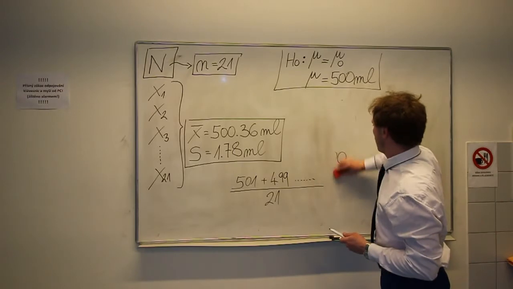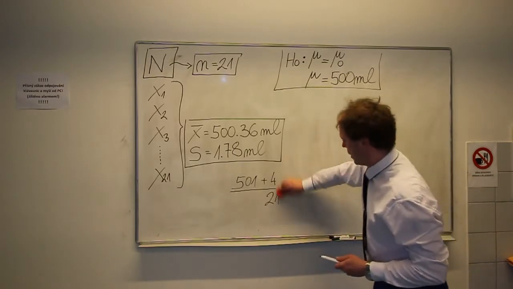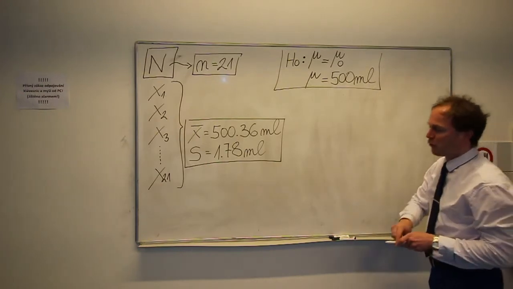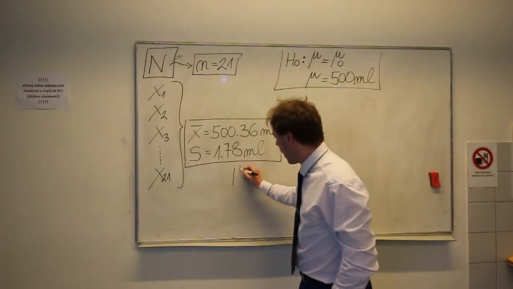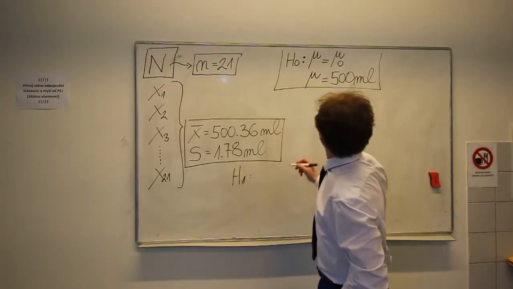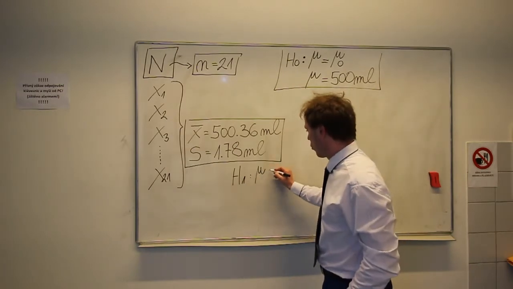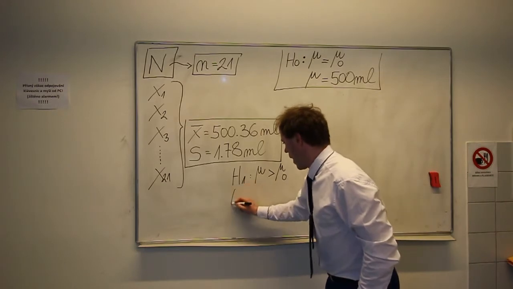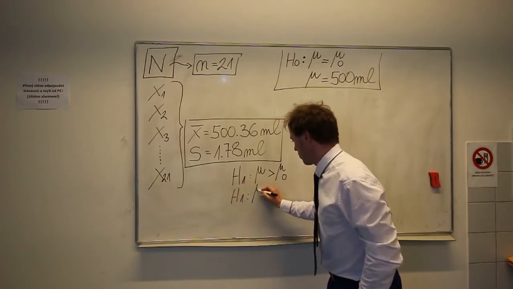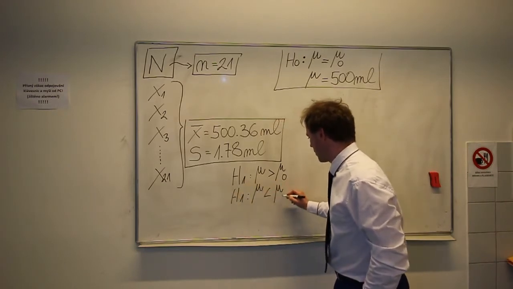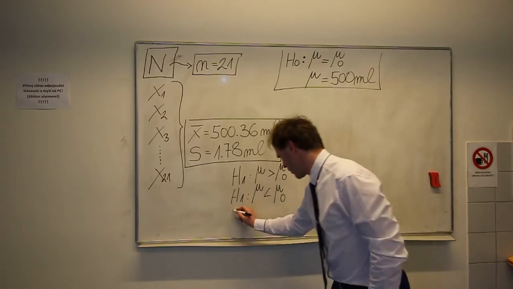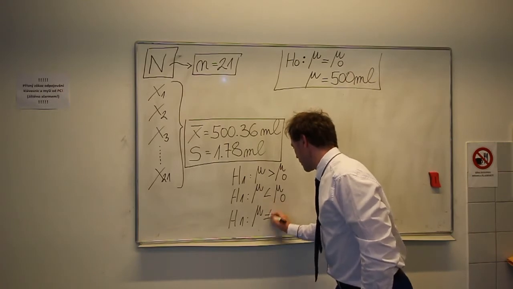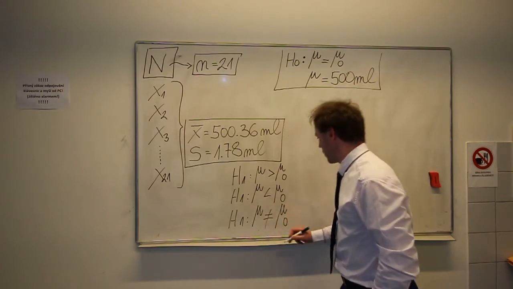If you check the formulas, you can see that we have here three types of alternatives. One alternative hypothesis claims that mu is higher than mu 0. Another alternative hypothesis, mu is smaller than mu 0. And the last one, mu is not equal to mu 0.